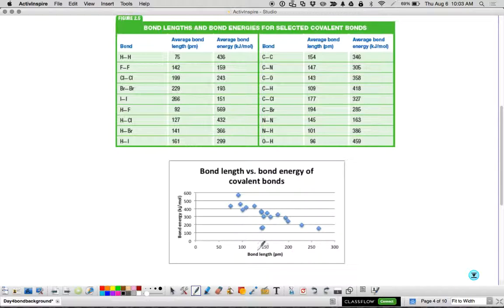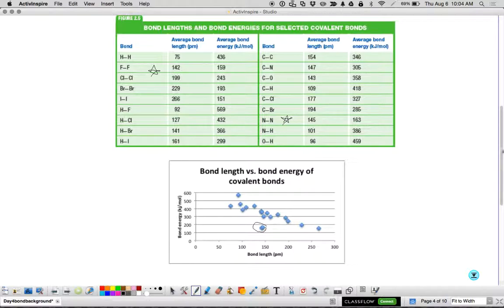Now, there is one set of outliers here, right down here. And this is actually two interactions. This is nitrogen-nitrogen and fluorine-fluorine. Okay, so that's just some stuff to keep in mind. As bond length increases, bond energy decreases.